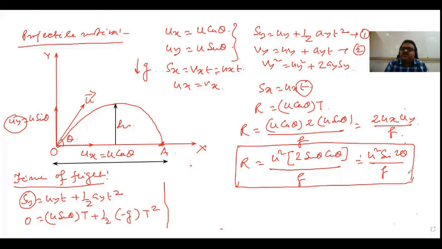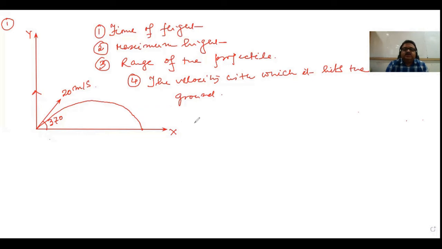Now, I am going to show you a few applications related to projectile motion. So, let me draw the first application. This is the problem given. A projectile is projected like this with a speed of 20 meters per second, making an angle of 37 degrees with the horizontal. We need to calculate the time of flight, maximum height, range of the projectile, and the velocity with which it hits the ground. First of all, let me split it into two components. 20 cos 37.